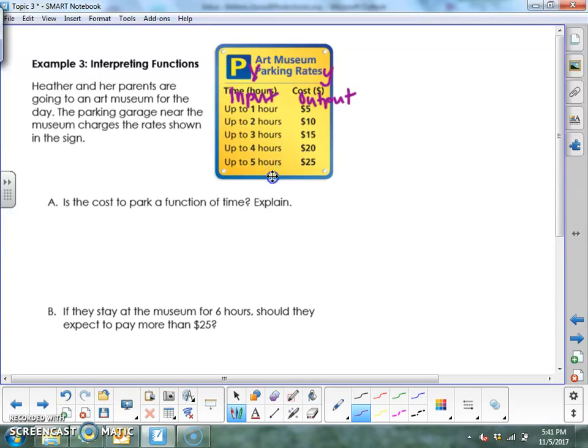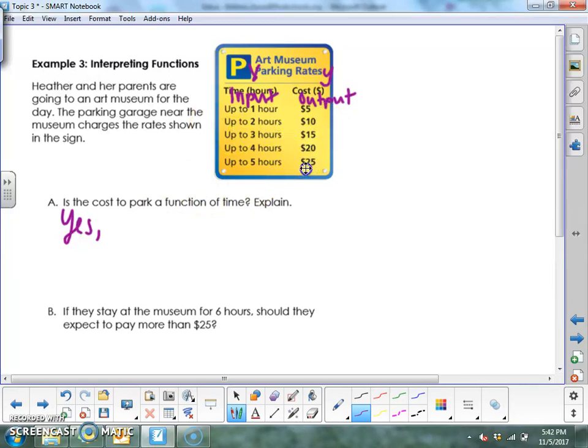So for this, you're looking, does each hour have its own specific price? It's not saying for 1 hour it'll charge $5 or $7, or at 3 hours it could charge $15 or $18. There has to be one cost for each hour. So is the cost to park a function of time? Yes, because if you look at each hour, they have their own specific cost.